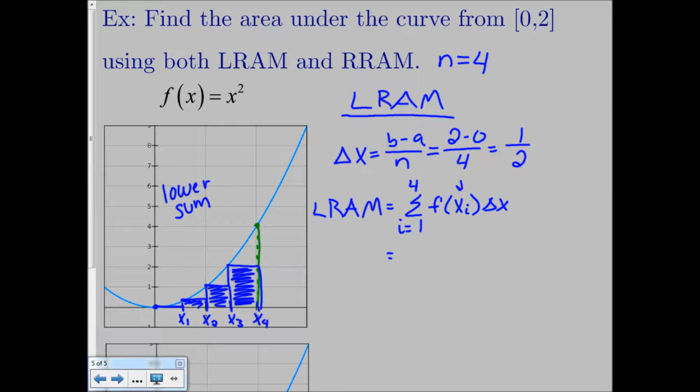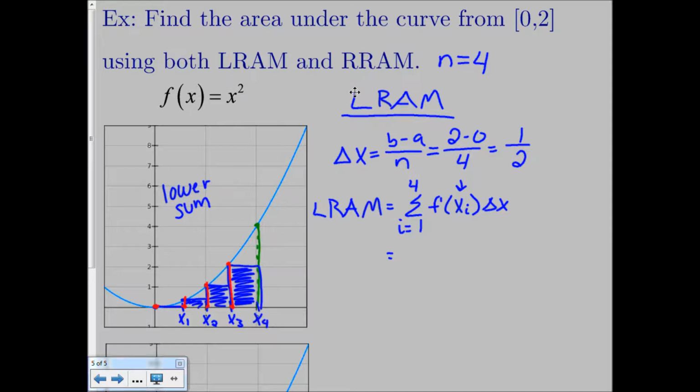Whenever we plug into here, we want these red dots to appear on the curve, because these are where the heights are coming from. So we want those heights to come out in our f of xi's.